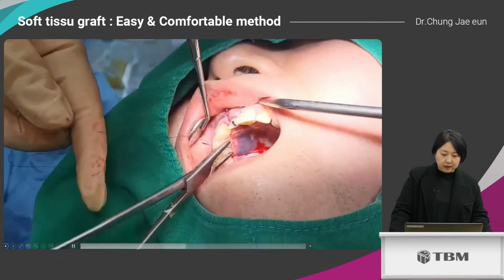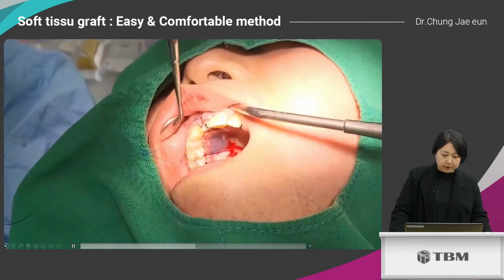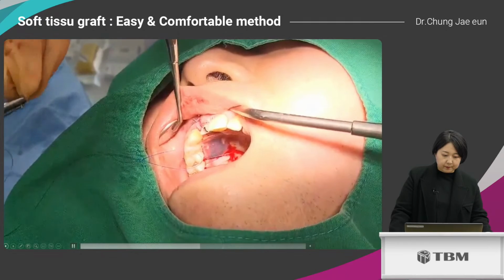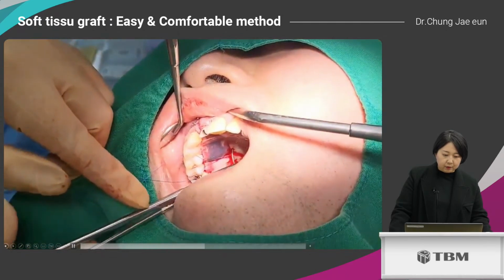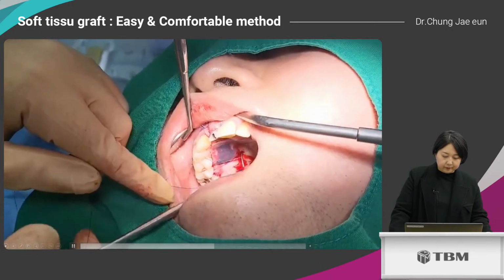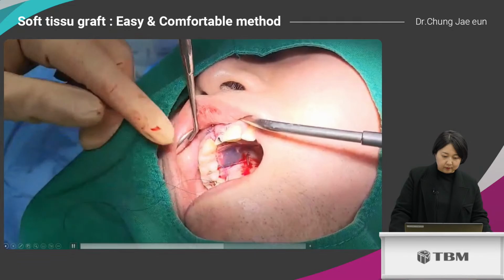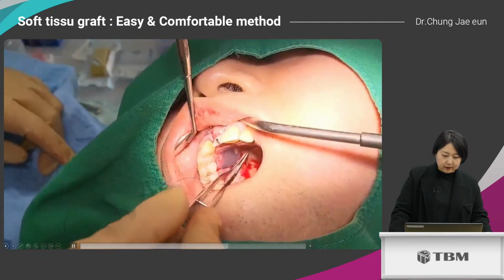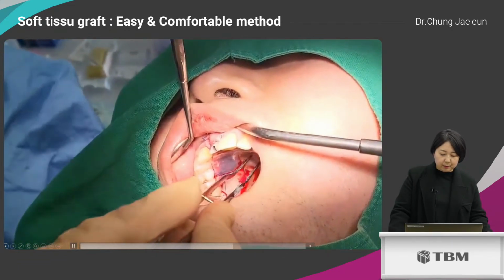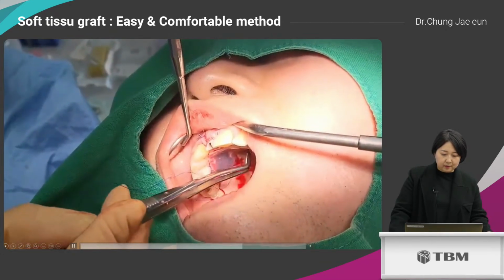Let's see again. The needle goes from the buccal side of the tooth and goes through the palatal gingiva. Sometimes the needle cannot go through the palatal gingiva easily if the palatal vault is too deep.